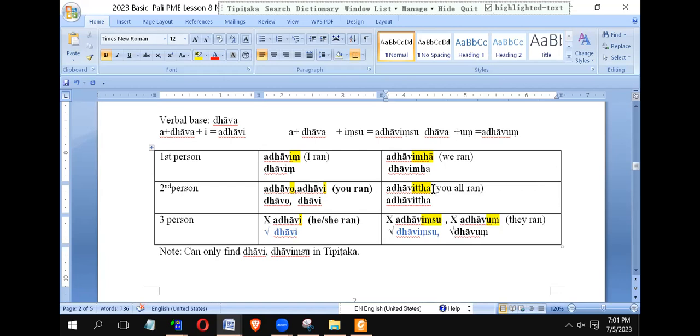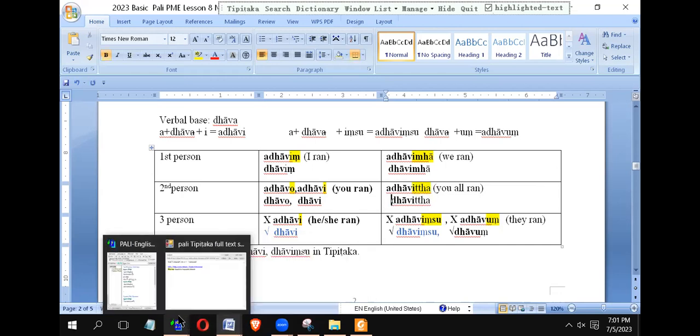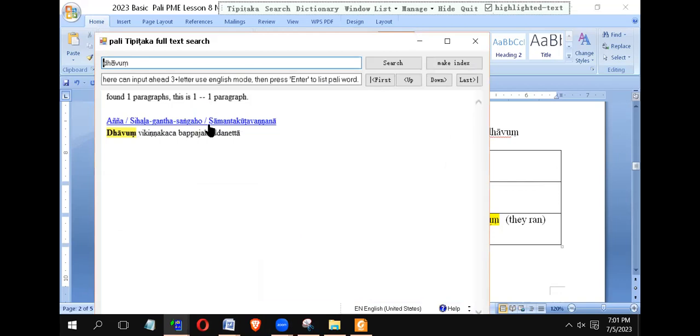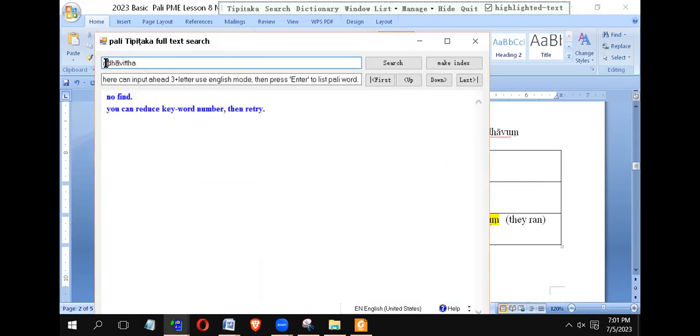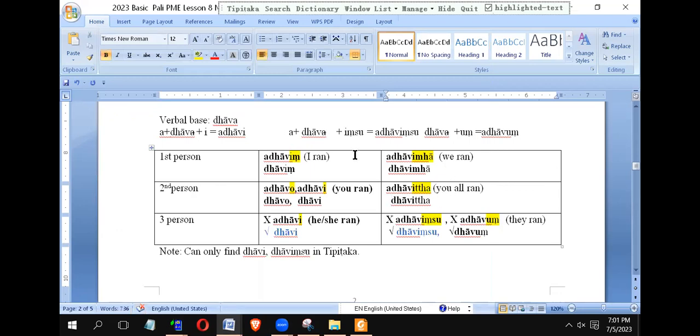All right. So let's try adawita and dawita. So which is optional? All right, we can just check. This example is also not found in the Tipitaka, right? So adawim, dawim. Which one is possible?